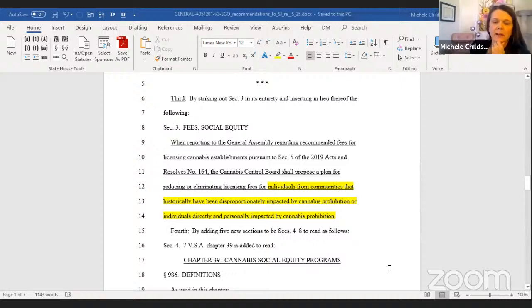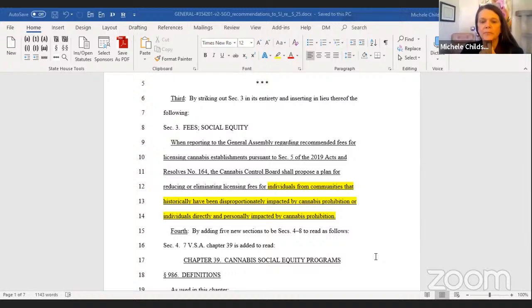When they report to you, they're to propose, whereas before it said they were considering reduced fees. So this says that they shall propose a plan for reducing or eliminating license fees for individuals from communities that have historically been disproportionately impacted by cannabis prohibition or individuals directly and personally impacted by cannabis prohibition.